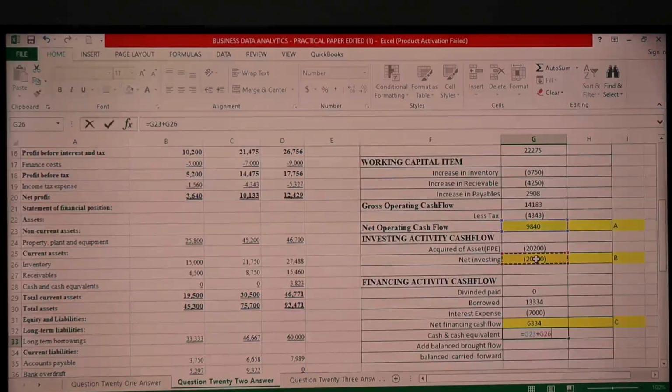Then we add with the value of C, which you have got here. And once we do this, it will give us the cash and cash equivalent of 4026. I hope you have such a figure in your worksheet. Someone is saying we repeat the PPE acquired.